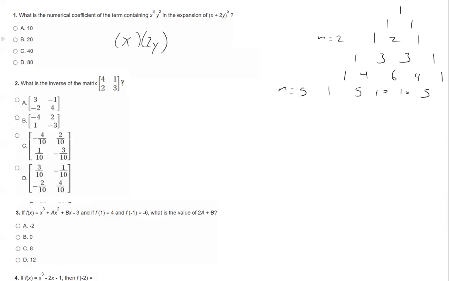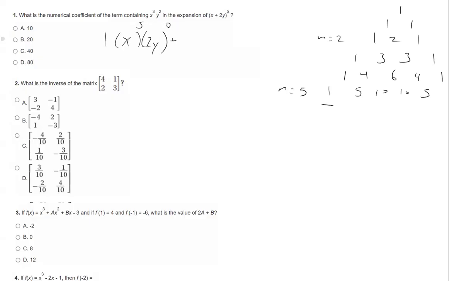Okay, so basically, for the very first term, you take the first coefficient, which is 1. You exponentiate a, in this case x, to the fifth power, and 2y to the 0 power. You want these two powers to add up to the power over here. All right?